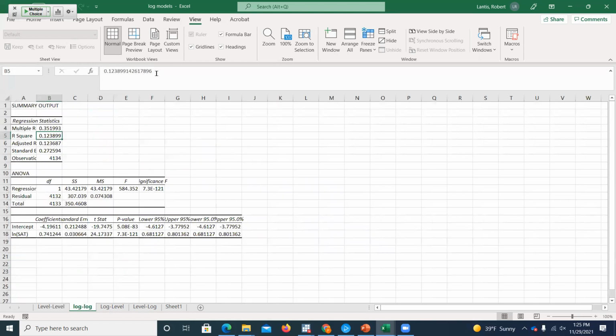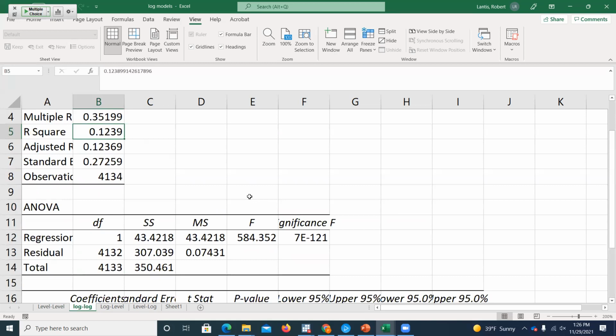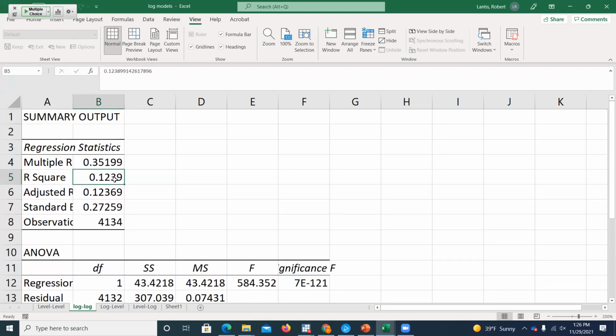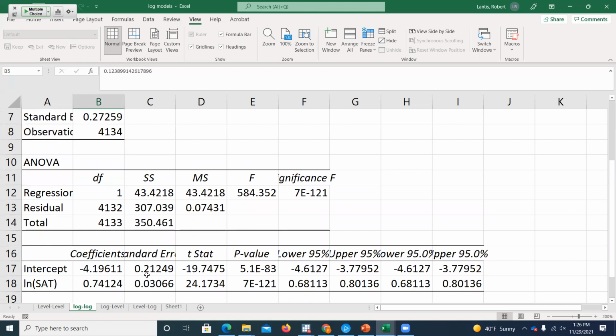Okay, so then we'll look at the log-log model. How would I interpret this coefficient? Now, first of all, it doesn't look like it fits the data very well, because the R squared fell to 0.12. I think it was almost 0.17 before. So now how would I interpret this coefficient?